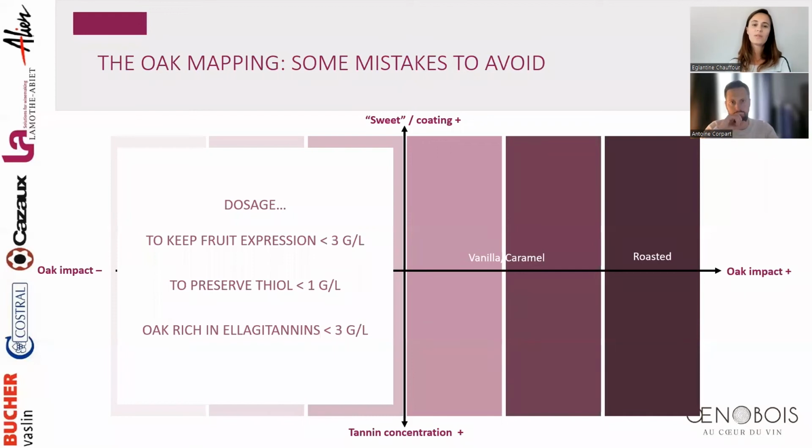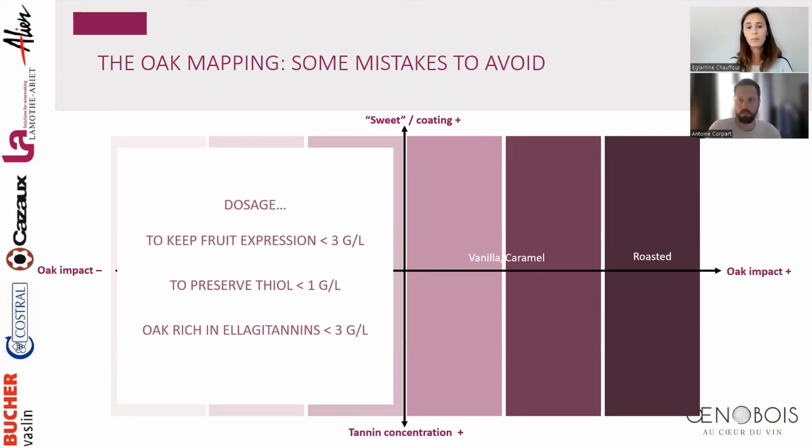So when we're talking about the oaks that are here to preserve the fruit, we have to be careful with dosage. If you want to keep the fruit expression, stay below 3 grams per liter in terms of dosage. If you want to preserve the thiols, stay below 1 gram per liter. Thiols can be very fragile and can easily be neutralized by oak, so work at low dosage.